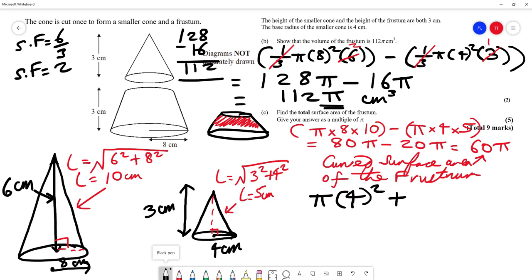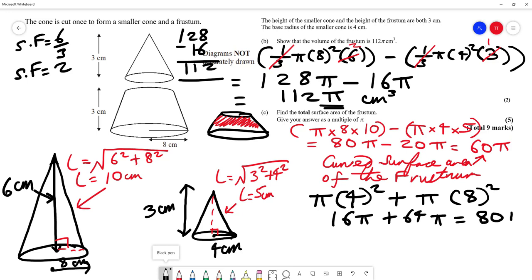And we need the area of the large circle on the bottom, and the radius of that is 8, so it's pi times 8 squared. That gives me 16 pi plus 64 pi, which is 80 pi altogether for the two circles on the top and the bottom.